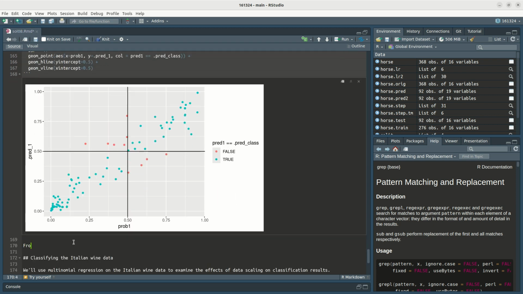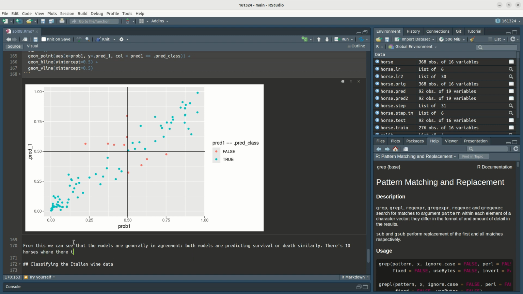Okay, so there's 9, 10. Four where model 1 is predicting death while model 2 predicts survival, and six where model 1 is predicting survival while model 2 is predicting death.